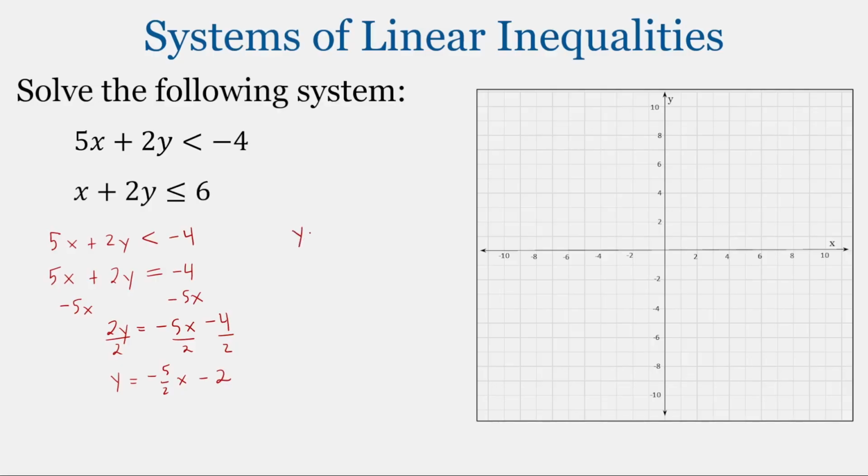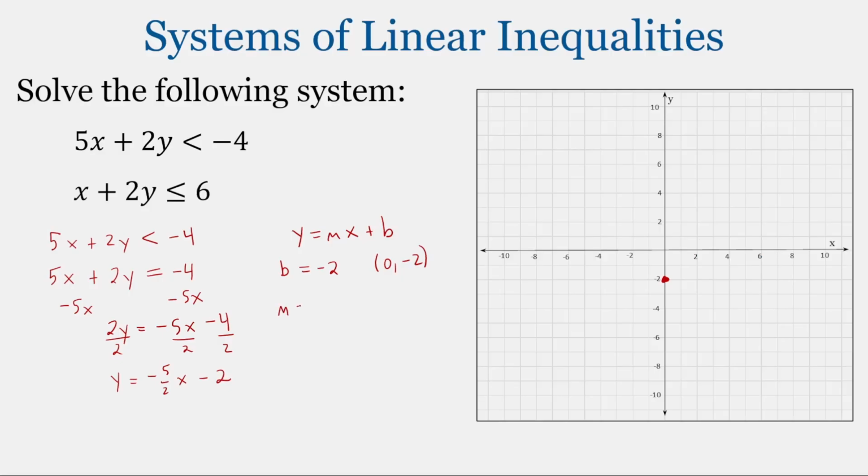So this equation is now in slope-intercept form. We have y equal to mx plus b. So our y-intercept, b, is equal to negative 2. So that means we're going to have the ordered pair 0, negative 2 on our graph. That is our y-intercept. So we can plot that point.